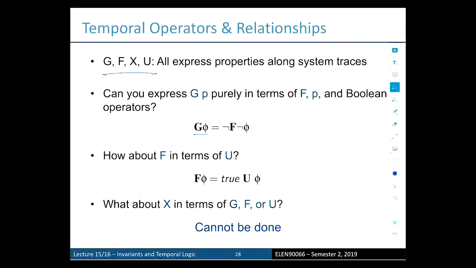It means in every trace phi happens. These sorts of equivalences allow us to factorize statements. We can write F in terms of U, the until operator, which is very simple. True, just some vacuously true statement holds until the statement that we want to hold. Same as eventually the other statement.